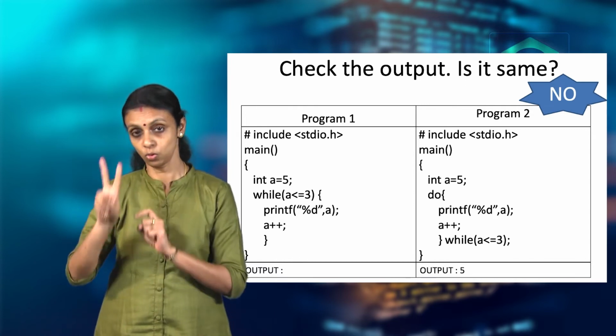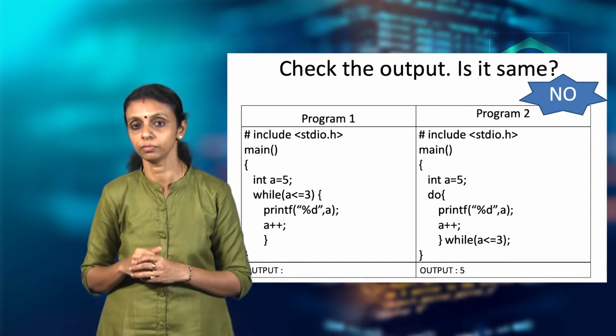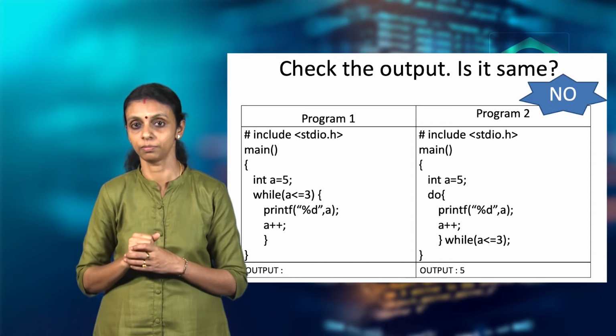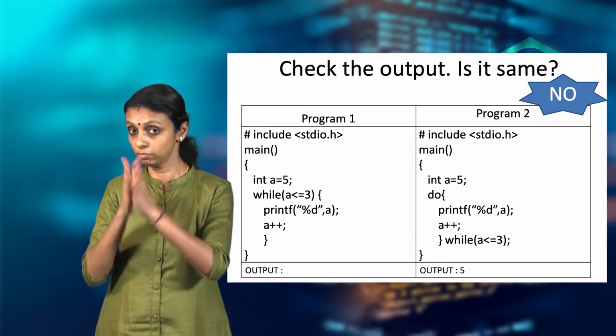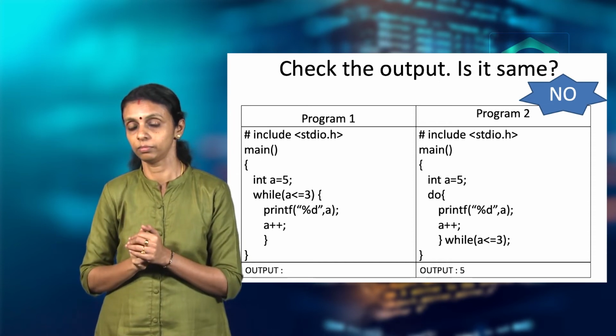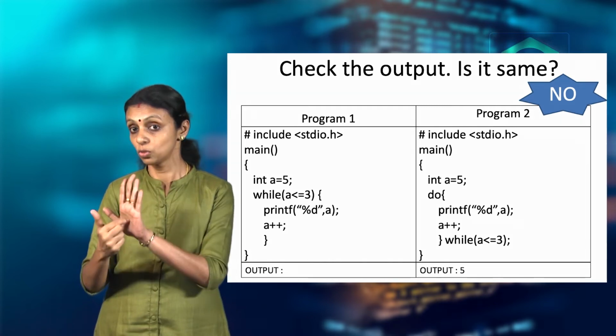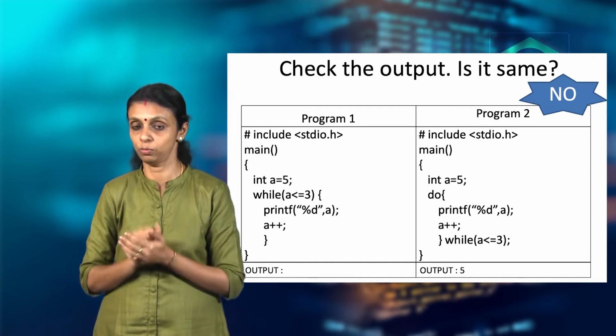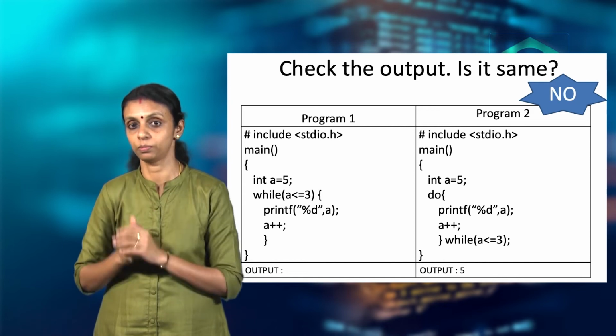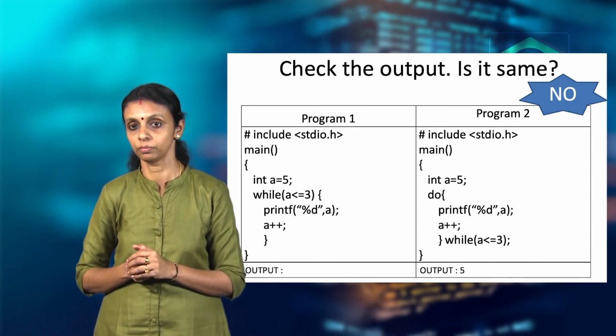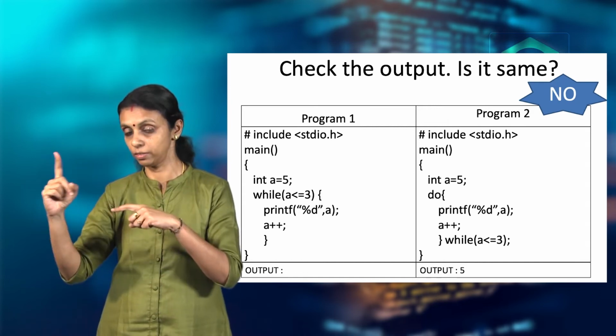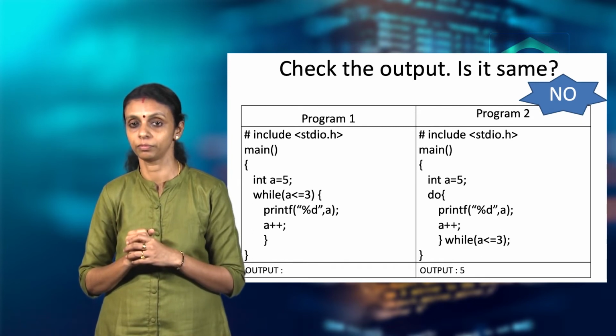Now, consider program 2. First, statements in the block are executed. So, it will print value of a, that is 5. Then increments value of a by 1.